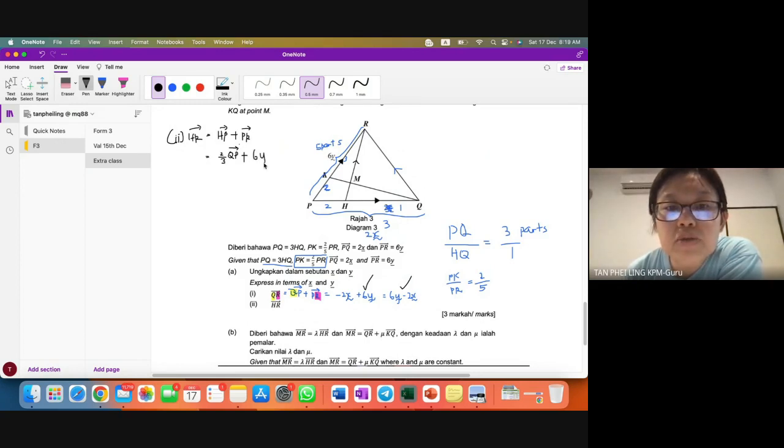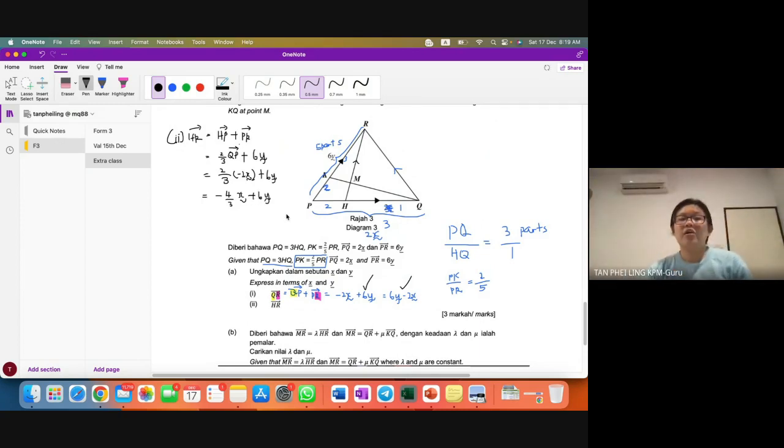Now we need to settle the first part. 2 over 3 QP. Do you have that information, QP? Yes, you do, right? So 2 over 3, your QP is given here, so minus 2x. Then you plus with 6y. So now you can multiply, minus 4 over 3x, then plus 6y.